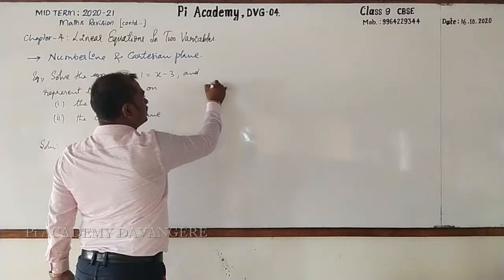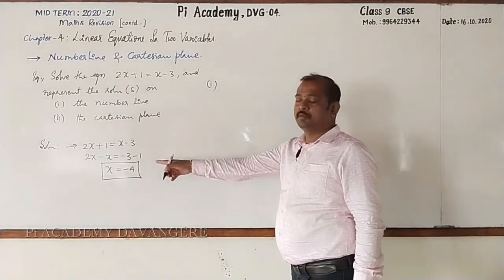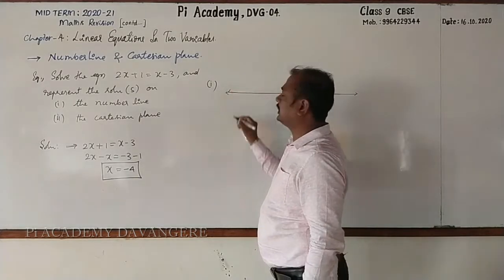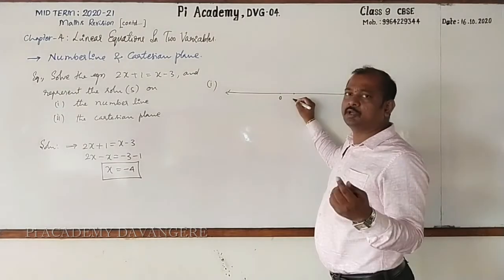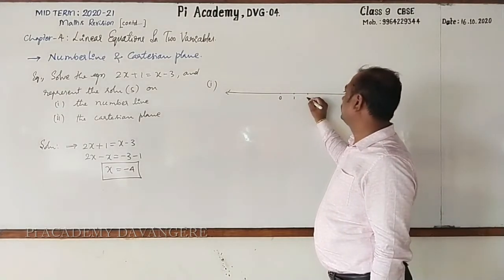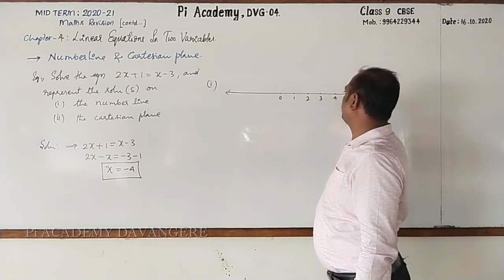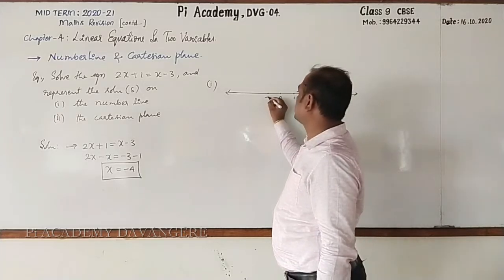If it is on the number line, very simple. There is minus 4. Draw a number line. Draw a straight line and go on marking for every unit distance. You may take 1 centimeter. It is 1. This is 2, 3, 4 and 5. Here on the left side of 0, the numbers are negative.